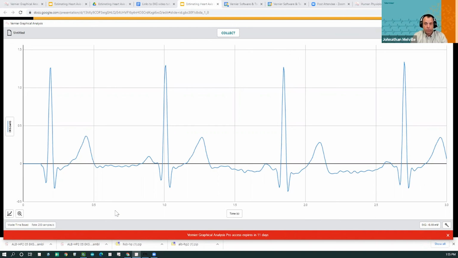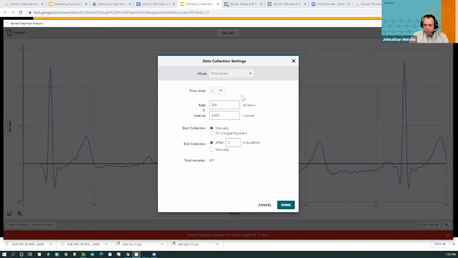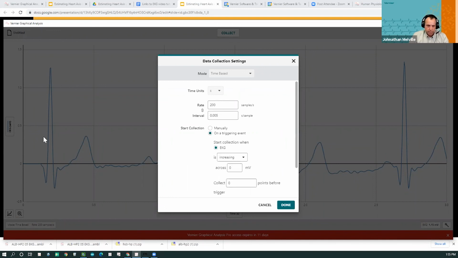The one thing I like about both these labs is they're very fast. You can record an EKG in 3 seconds, and you could do this whole lab like we did in a very short period of time. Another really interesting thing I could show you is a nice advanced feature in Graphical Analysis. I could collect data on a triggering event.